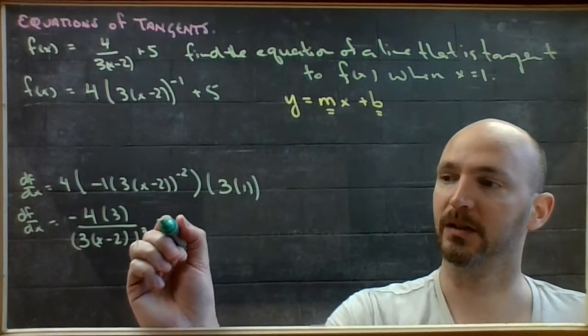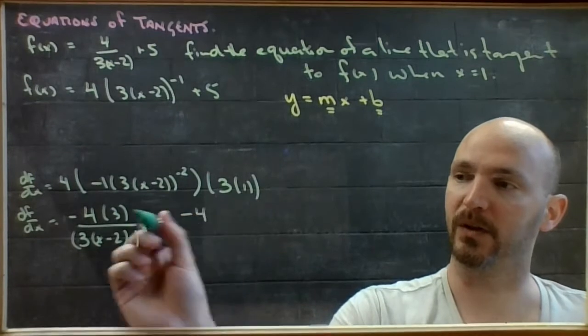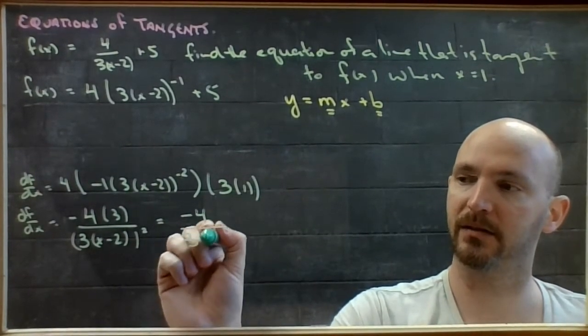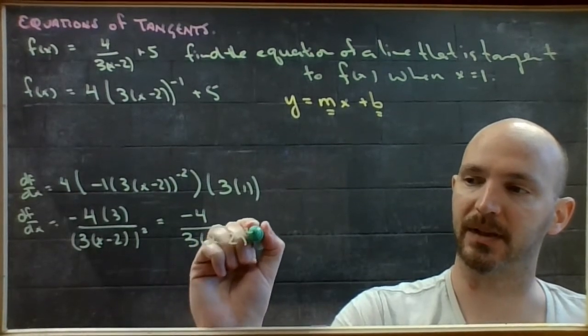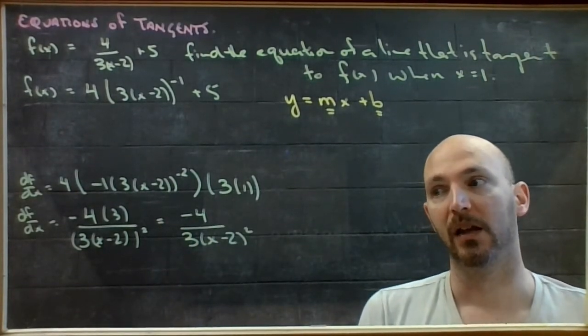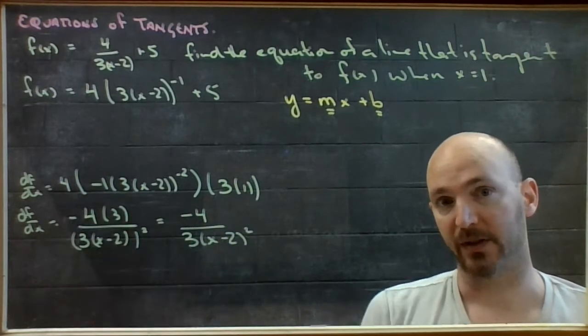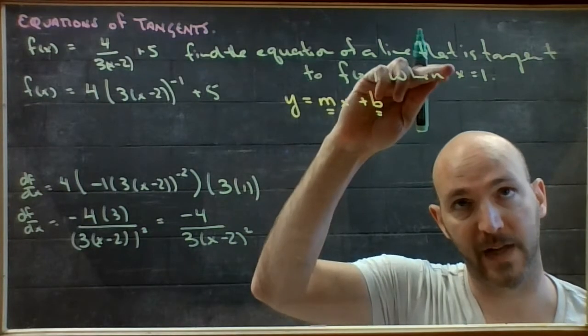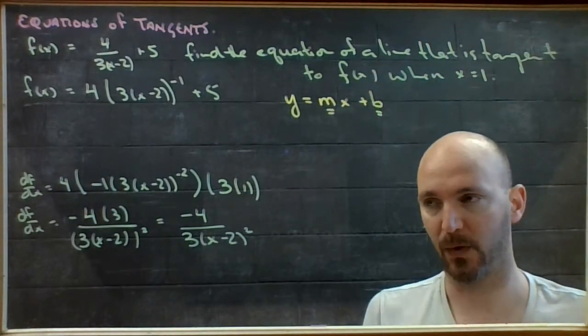Alright, so negative 4. This 3 cancels one of the 3's that are down there, and I end up with this as my derivative. Okay, so I have an expression for the derivative of f. I just need to find out what the value of that derivative is when x equals 1.